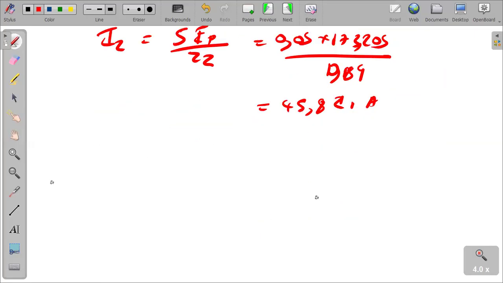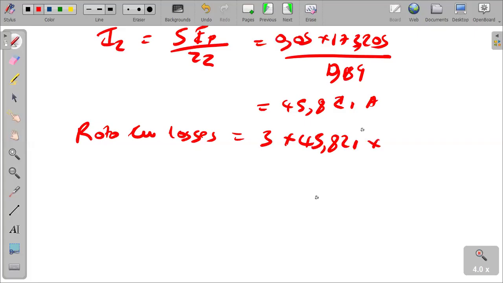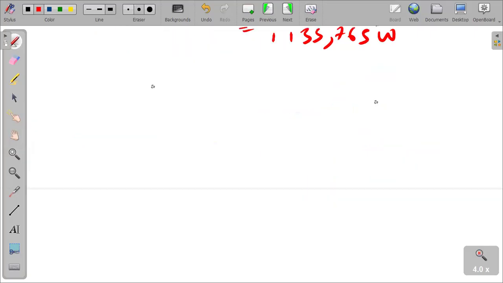Therefore, the rotor copper losses are equal to 3 multiplied by 45.821 squared multiplied by 0.18, our R2, which is equivalent to 1133.765 watts.